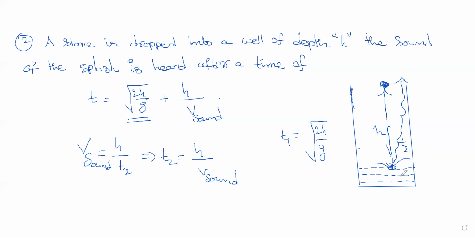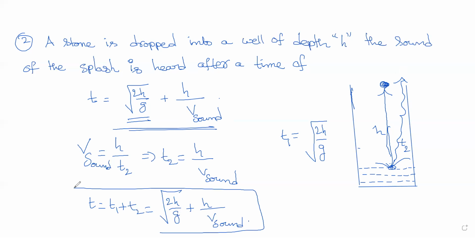So adding the time to hit the water plus the time for the sound to reach your ears, this is what you get. So t is equal to the total time, which is t1 plus t2. So that is square root of 2h by g plus h by v sound. I hope it is clear how to do this.